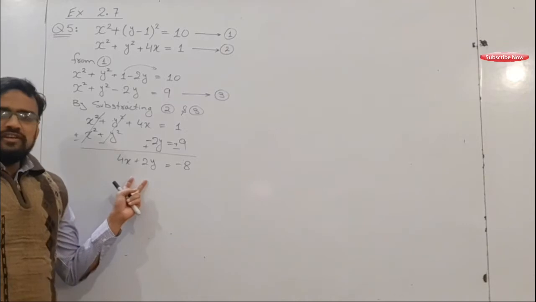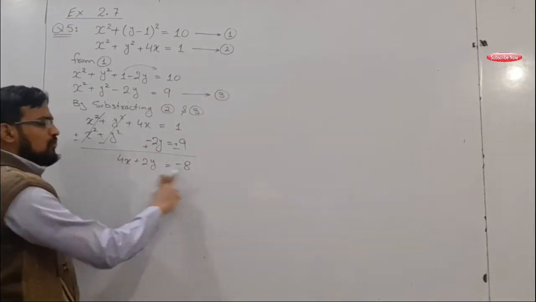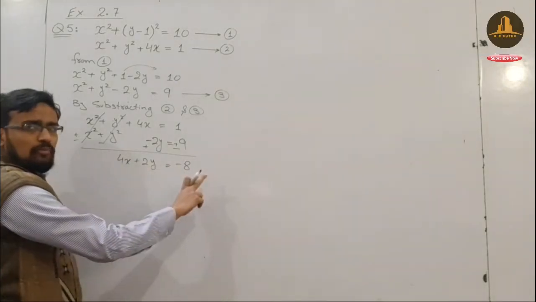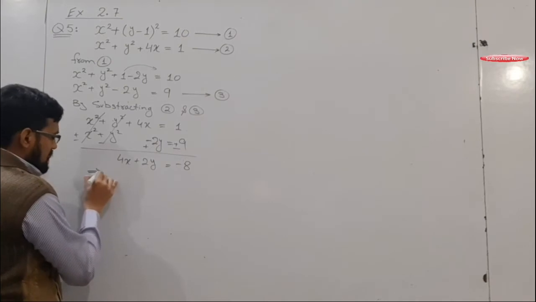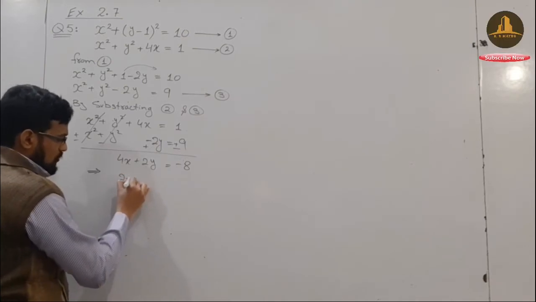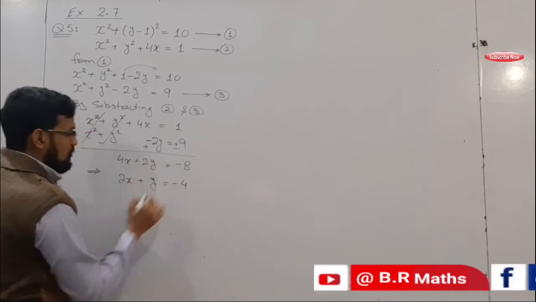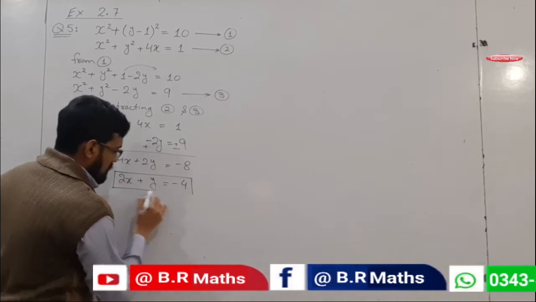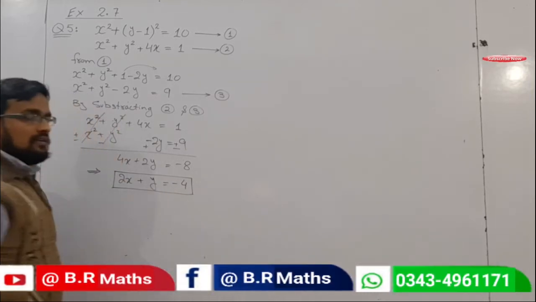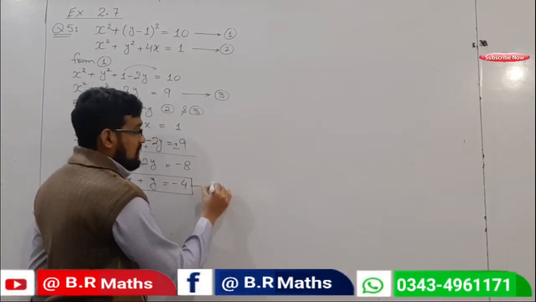Students, see, this becomes a linear equation, 4x plus 2y is equal to minus 8. 2 is a common term, so divide by 2 and it becomes 2x plus y is equal to minus 4. This linear equation we name equation 4.